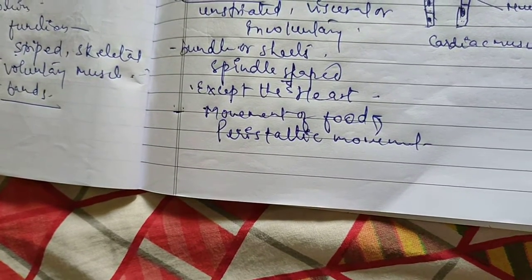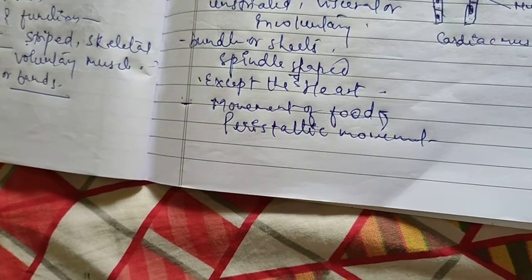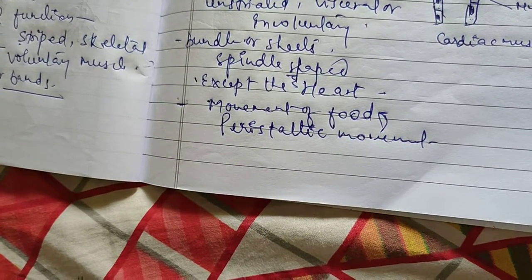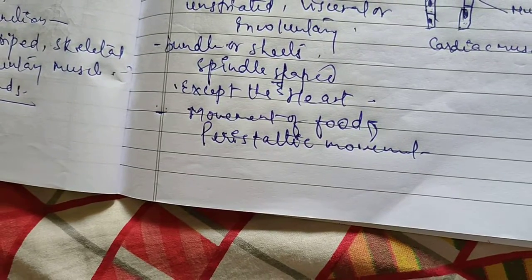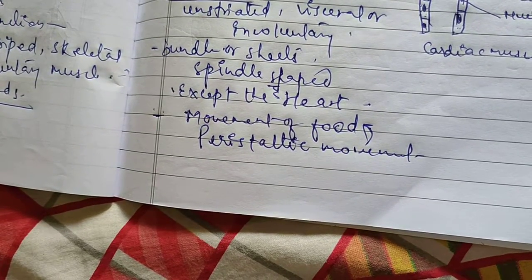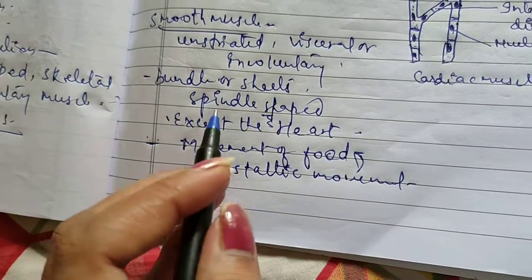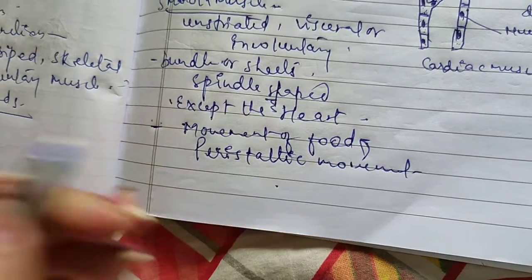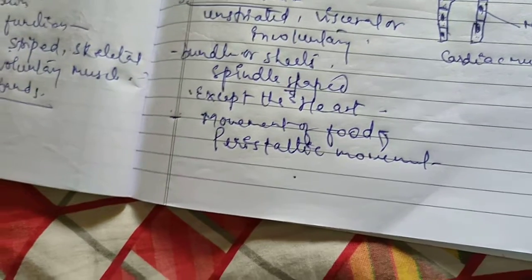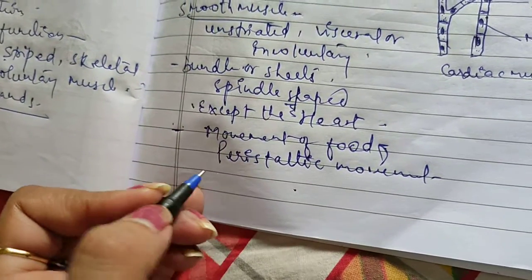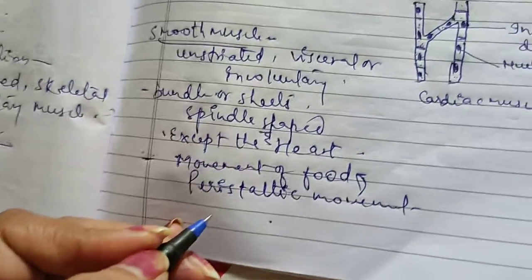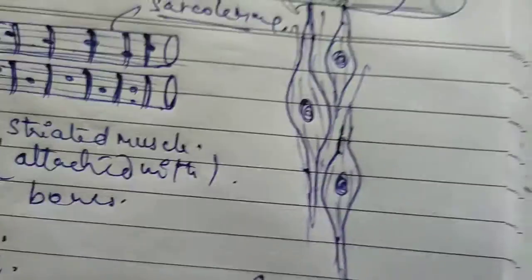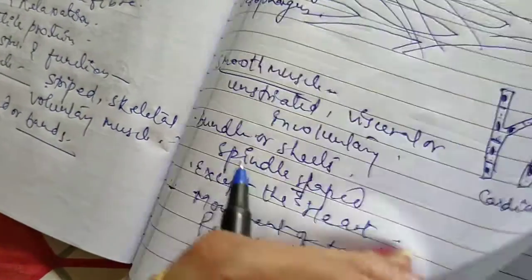So there are rhythmic progressive waves of muscular contraction and relaxation, and such wave-like movement is called peristaltic movement, and this is controlled by the smooth muscles. It also occurs in gastrointestinal tract as well as male genital tract. This also occurs in urinary bladder, uterus. So all the internal organs are included in this except the heart.